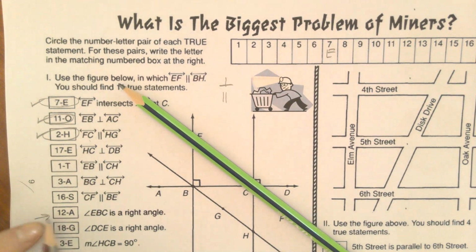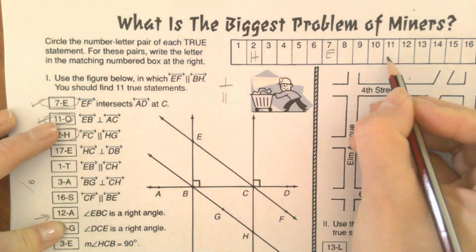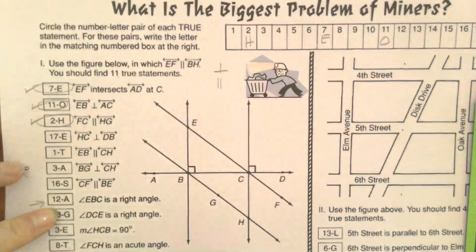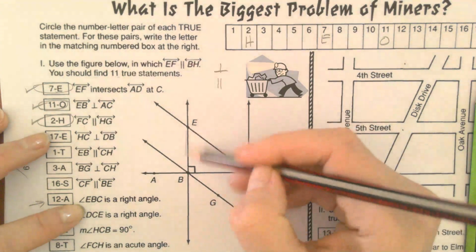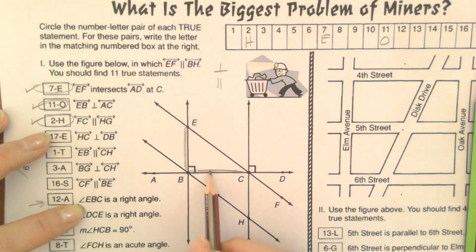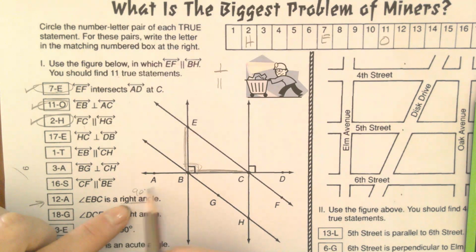So 2 is H, and 11 is O. Angle EBC. So this angle here is a right angle. Is it 90 degrees? Yep.